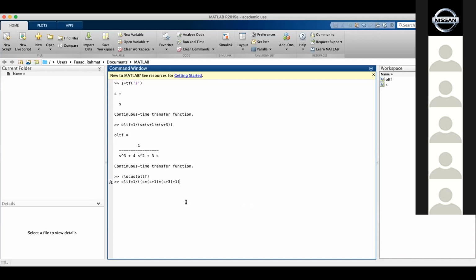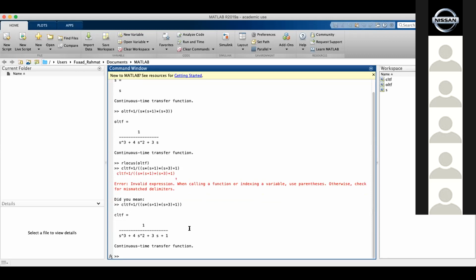Okay, so this is the closed loop transfer function. Another bracket. Okay.